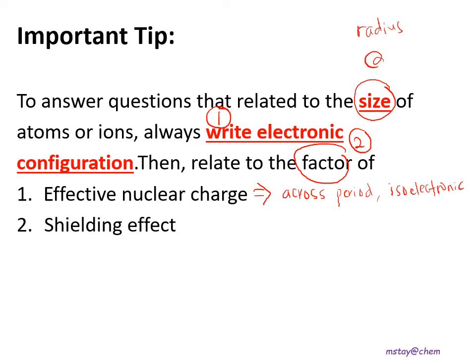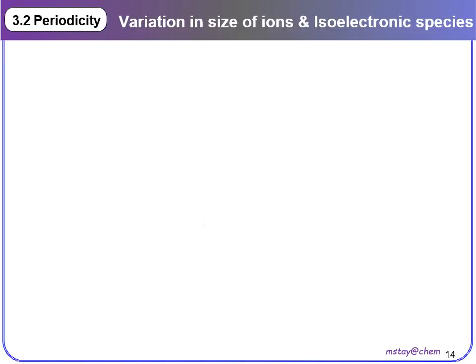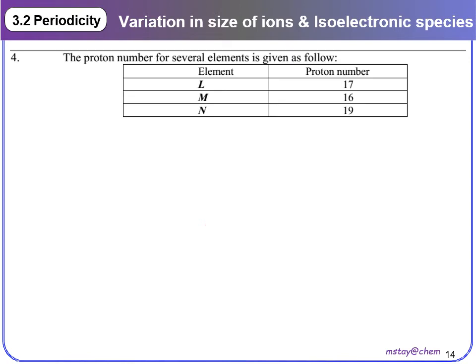For the second factor, shielding effect, we use it when comparing the size between elements down a group or between an atom and its cation. And then the next one, electron repulsion. We use this factor when we want to discuss between atoms and anions.